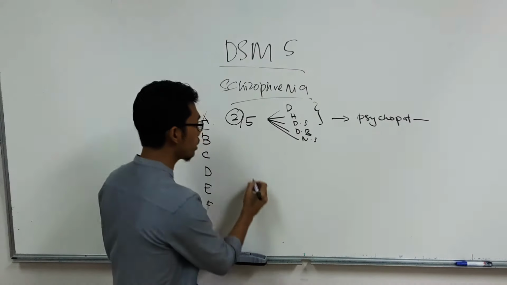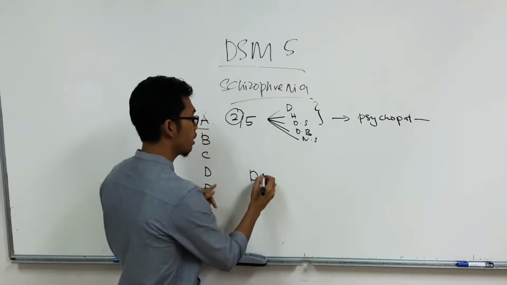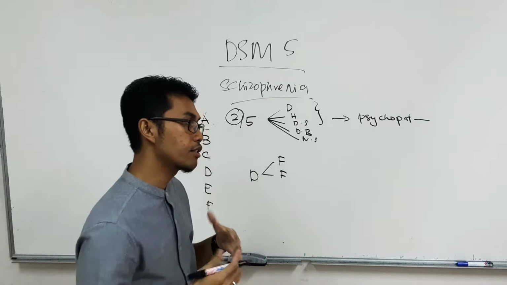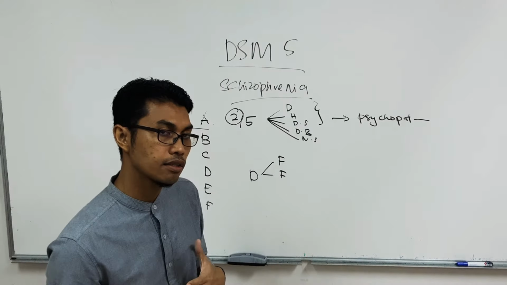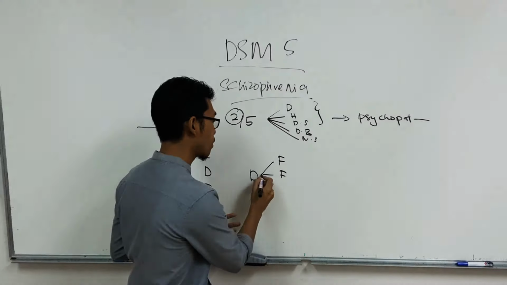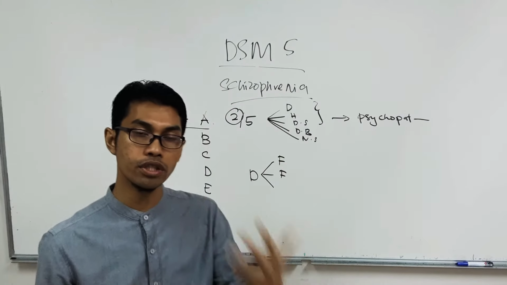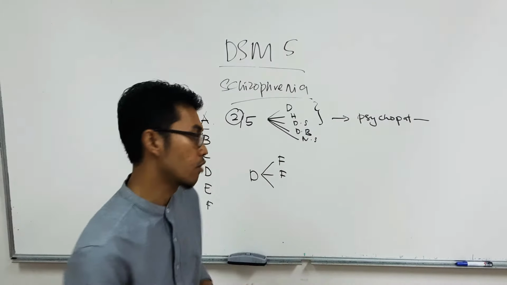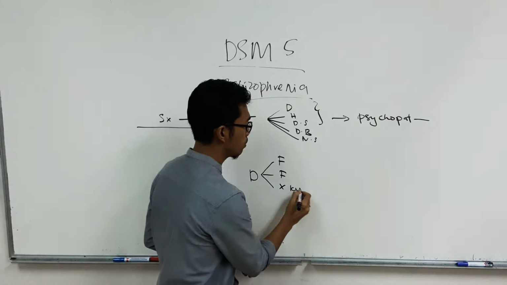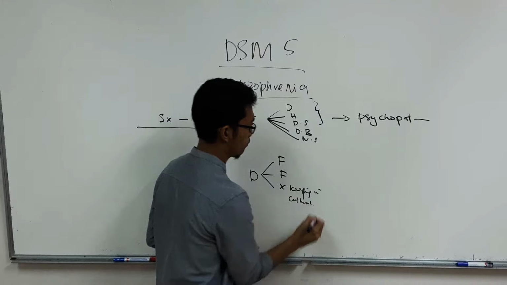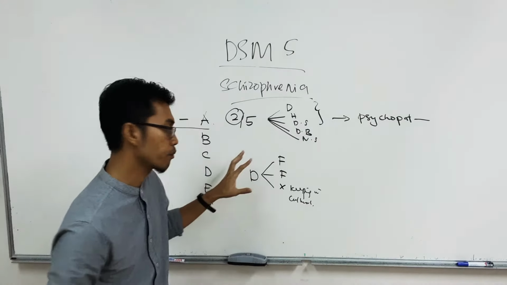For example, delusion. Delusion is a false fixed belief that is unshaken despite contrary evidence, and it is not in keeping with one's social, cultural, or religious background. That's the basic definition.